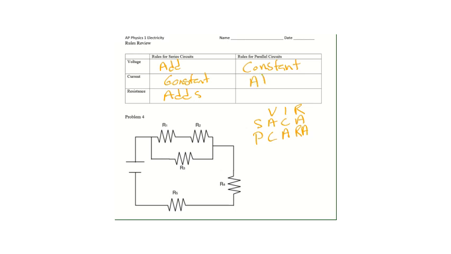Current adds. And for resistance, reciprocals add. So that's a quick review of our rules before we take a look at our next example circuit.